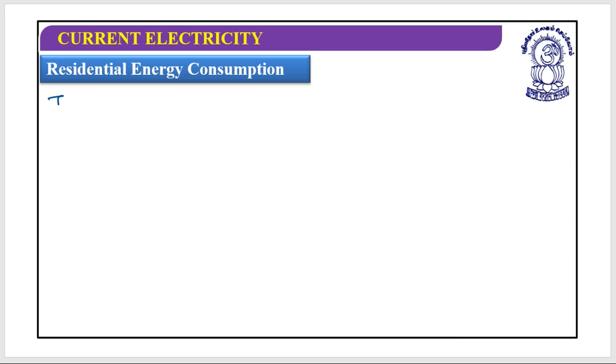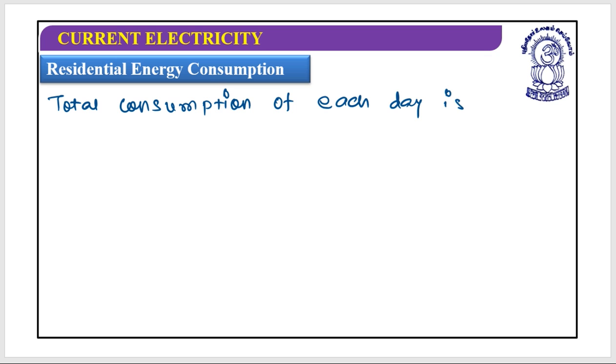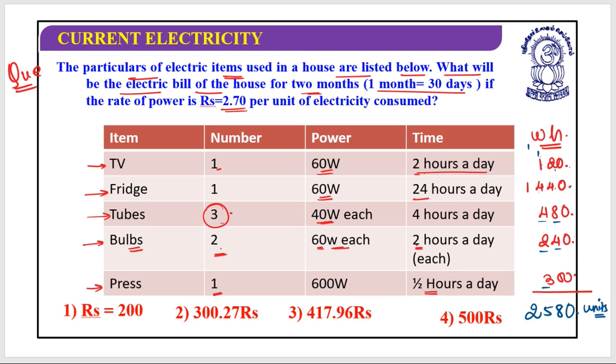So the total consumption of each day is 2580. This is not 2580 units, this is 2580 watt into hour, my mistake, look at this, this is watt into hour.